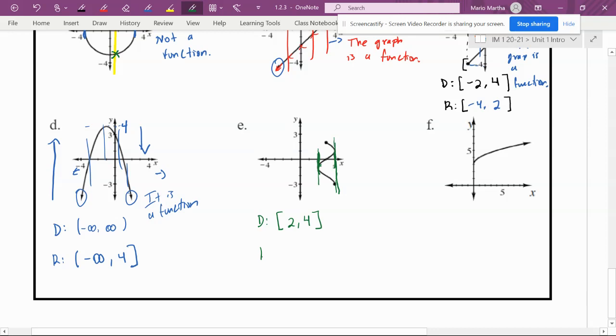And then the range in this case would be the lowest value, which starts at negative 3, again with closed brackets because it's a closed circle, and then all the way up to positive 2. But now in this one, if you do draw a vertical line on this part of the graph, you'll notice that it intersects at 3 values. So this one is not a function.